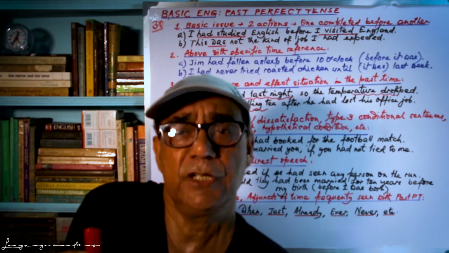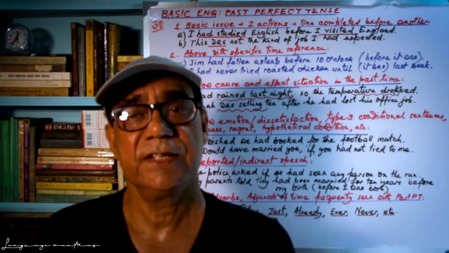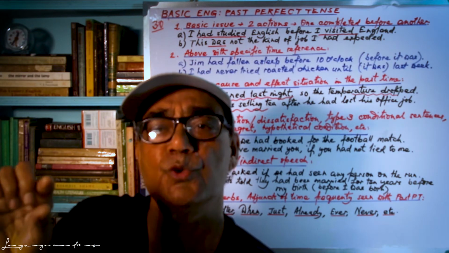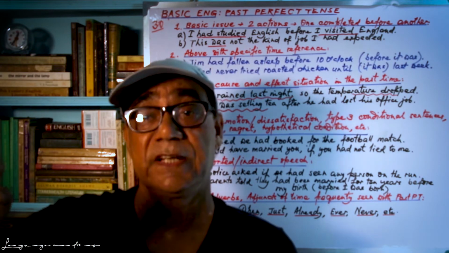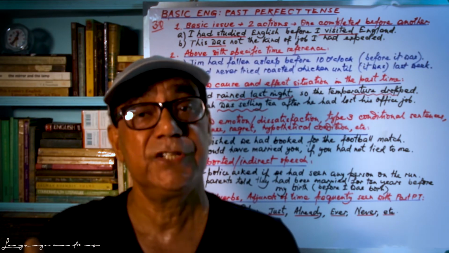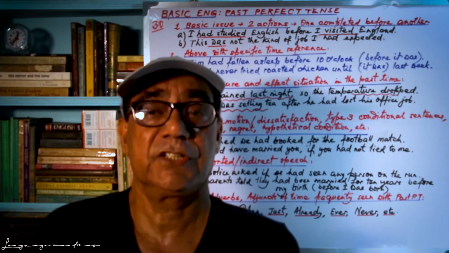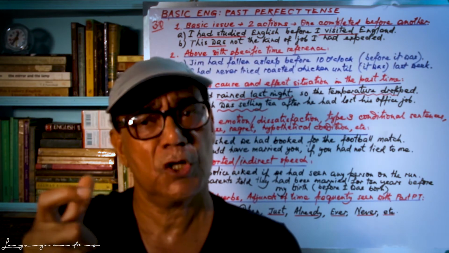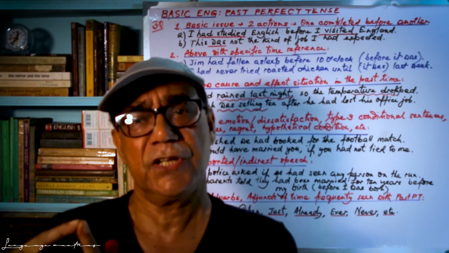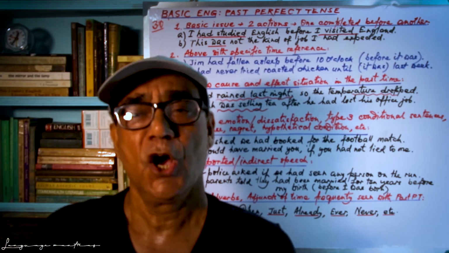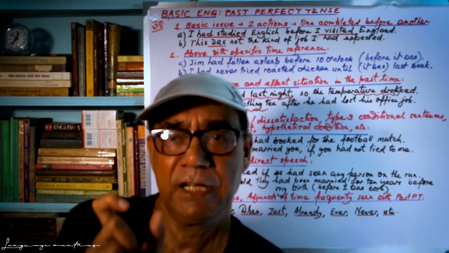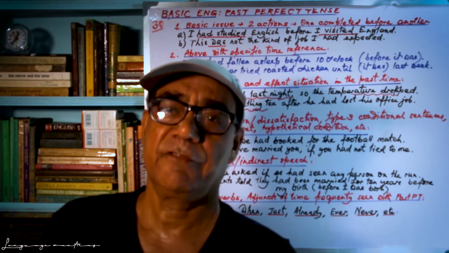It is necessary to use past perfect tense in cases where there is a kind of reference to that time sequence, one thing taking place after another. That reference is there, implied or stated, and there must be some sort of logical and chronological relationship between two actions taking place. Only in those cases we should specifically use past perfect tense.